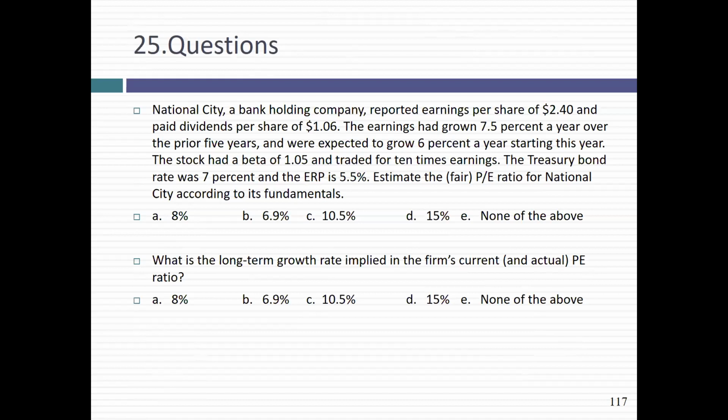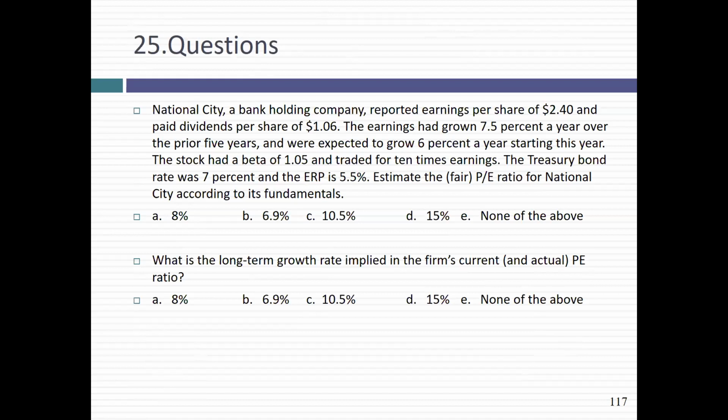The PE ratio, like I said before, is going to be the payout ratio of 44% multiplied by 1 plus G, where the G is 6%, divided by the discount factor minus G. If we do all this with a discount factor of 12.775% and a growth rate of 6%, we should be left with a 6.91 PE ratio. So that's the fair ratio. For every $1 in earnings, we expect about a 7-dollar price.